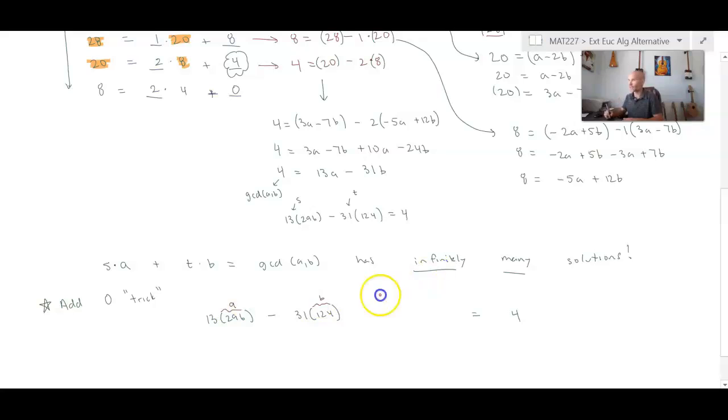Now the trick is to both add a times b and to subtract a times b. This right here still equals 0. I haven't changed the left-hand side of the equation. I don't need to do it to both sides because this just cancels out.